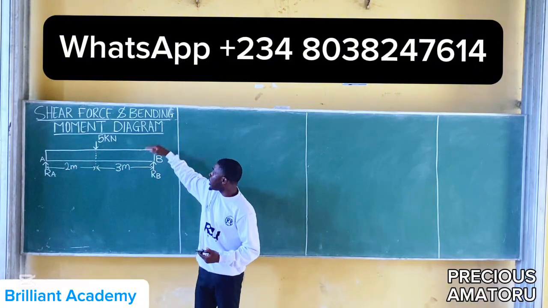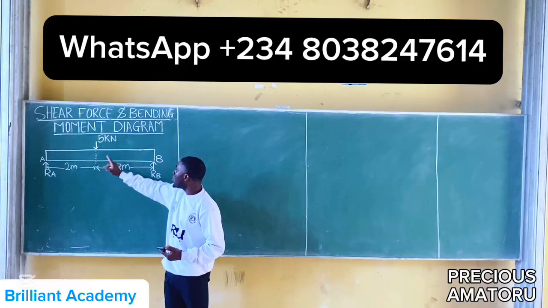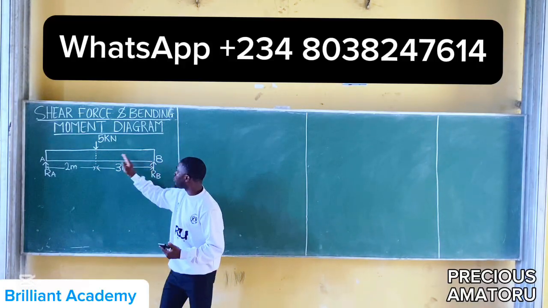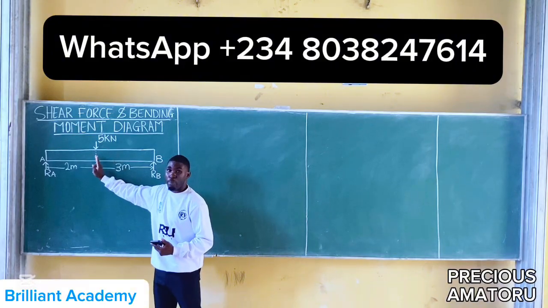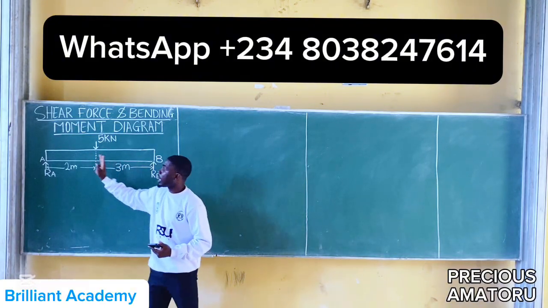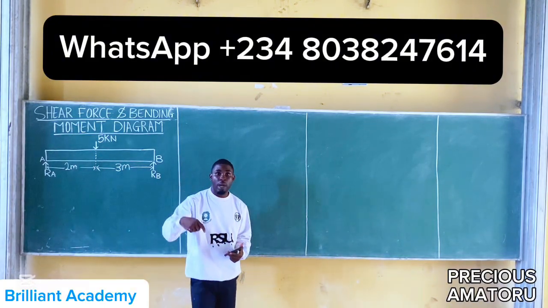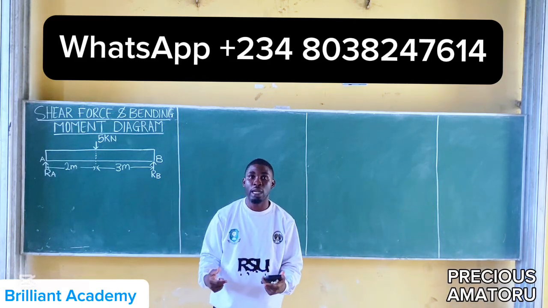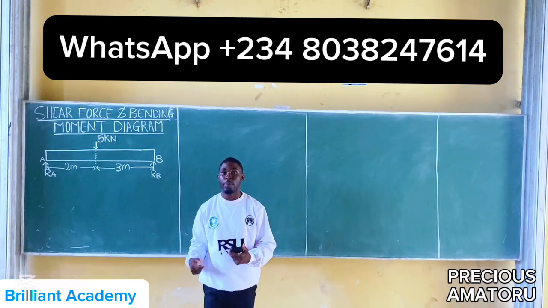And also the bending moment at any point will be the moment produced by all the force, either to the left from that point you're taking or to the right from that point you're taking. Don't worry, when we start solving, you get to understand the concept properly.